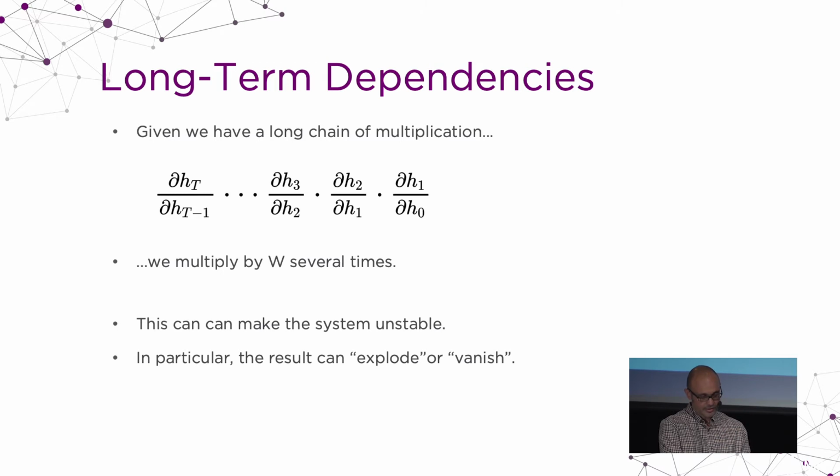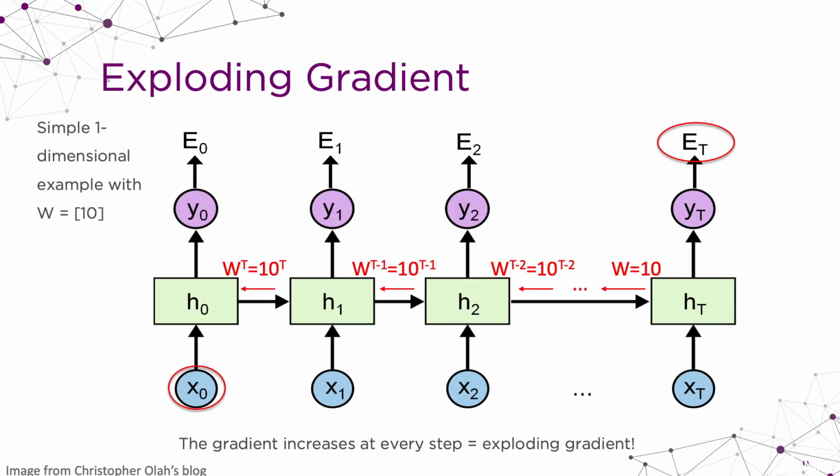So we will start with the exploding case. Here, this is a very simplified example where I'm considering W, which is this matrix with the parameters, as just one scalar. This is just to really see what happens from an intuition point of view when I multiply again and again by the same matrix, in this case, the scalar.